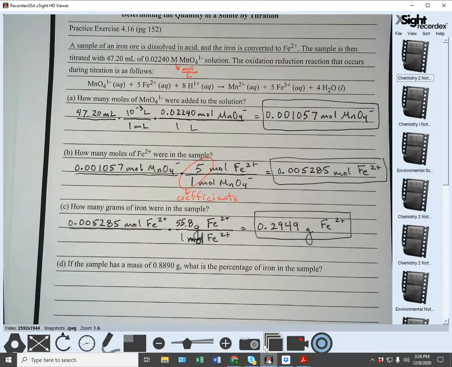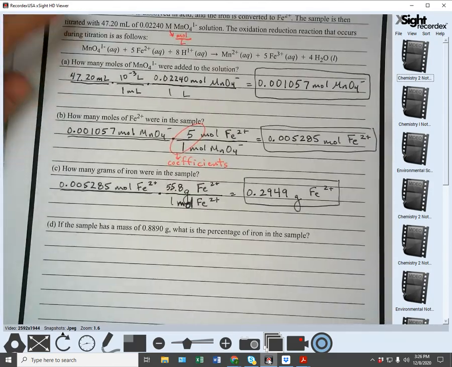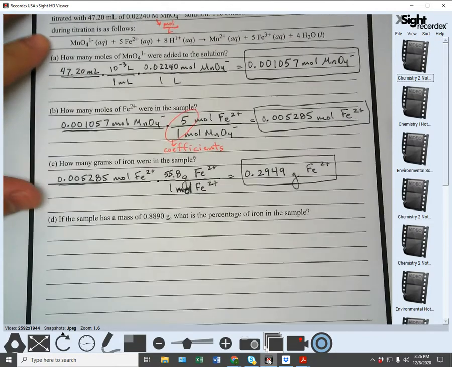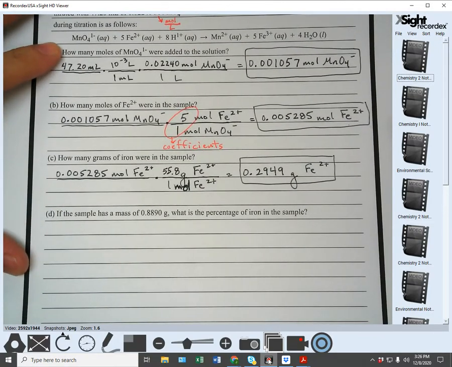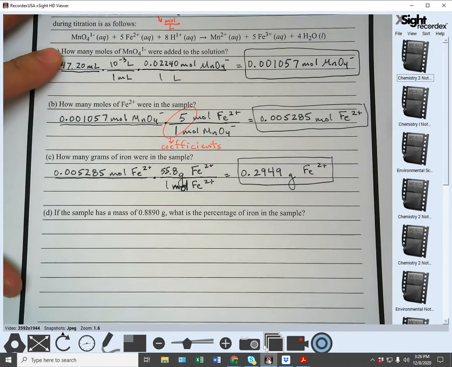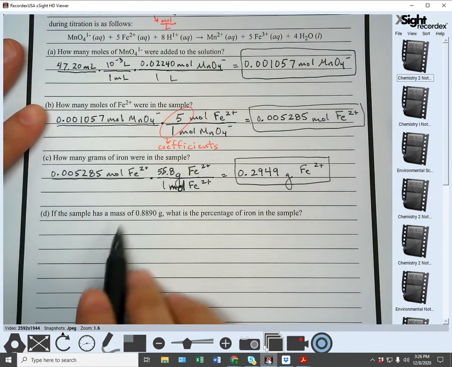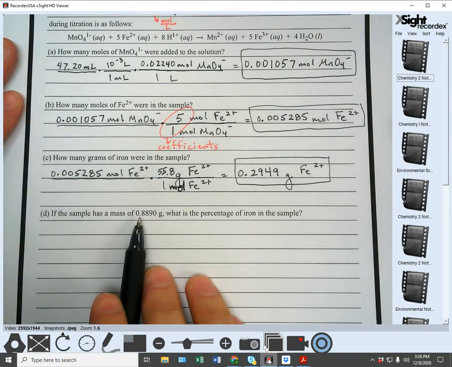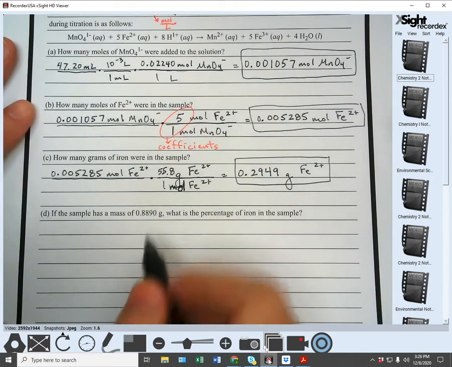All right. Last one, part D. If the sample has a mass of 0.8890 grams, what is the percentage of iron in this sample? To do this one, if this is the whole mass, how much of it is iron?